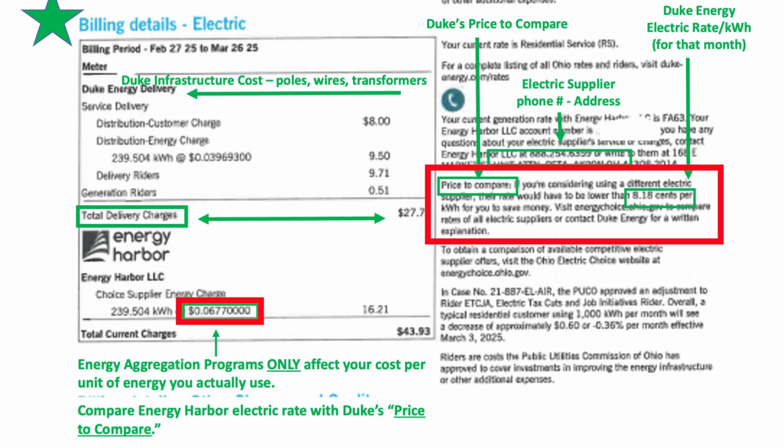Now you've got to remember, this is for this month, for Duke. It could be higher, it could be lower. But that's how you compare. And then if you want to get your little calculator, you can figure out how much you saved. If you were with Duke, you would pay a little bit more. And so you could figure out, well, I saved like $20.